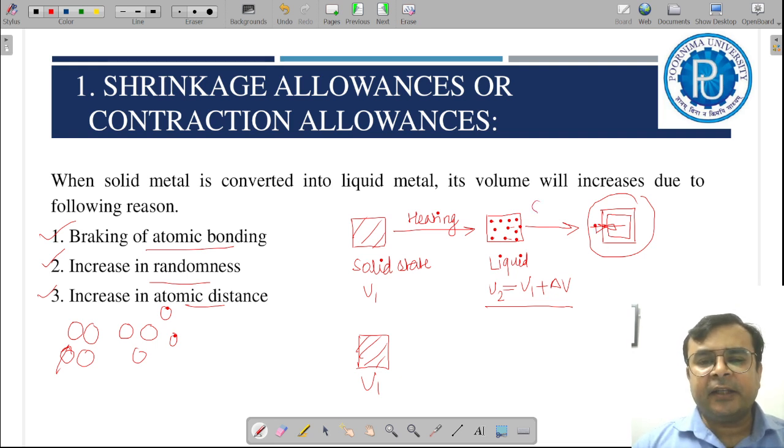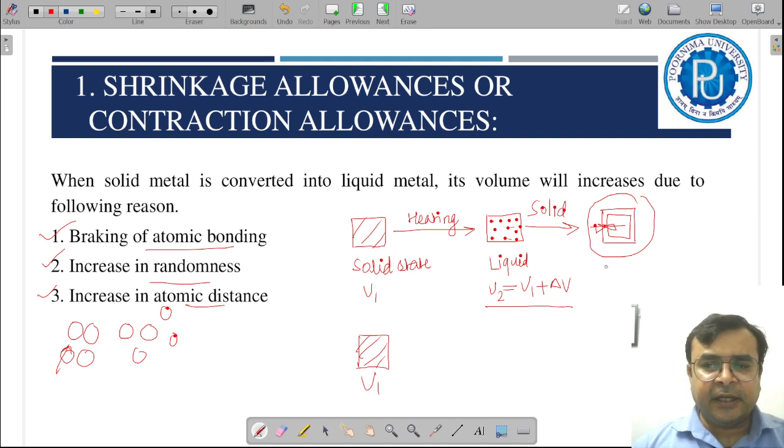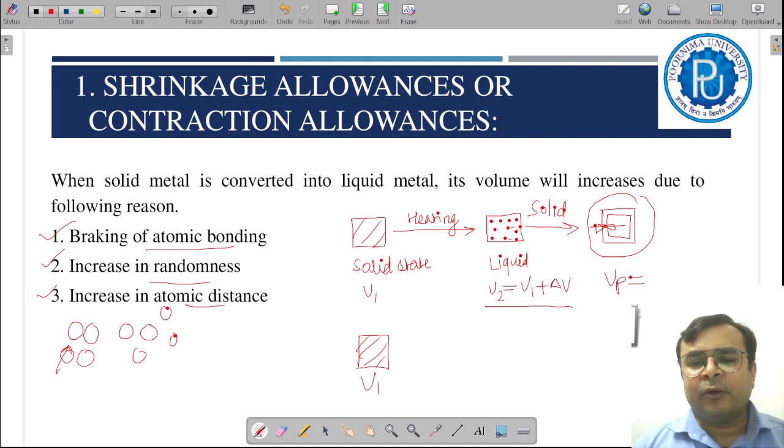To accommodate this shrinkage, we always provide a shrinkage allowance. Now the question is, what is the suitable size of the pattern? Obviously the suitable size of the pattern is exactly equal to the size of the liquid metal which I need to pour into the mold cavity.